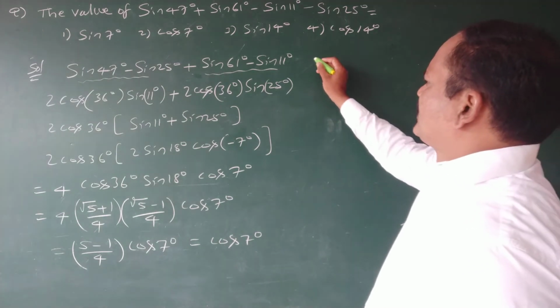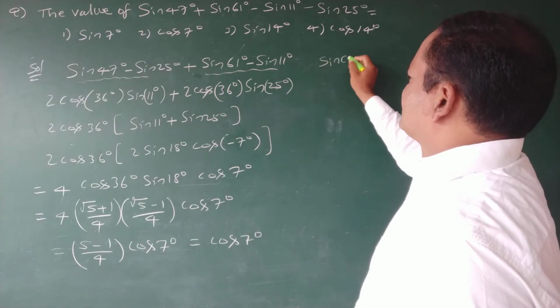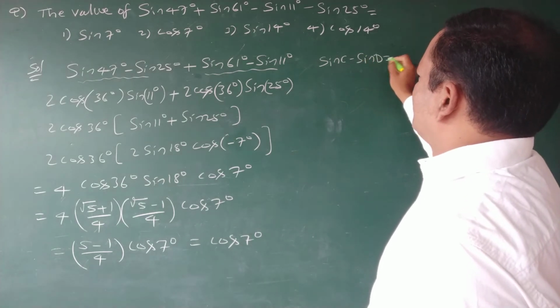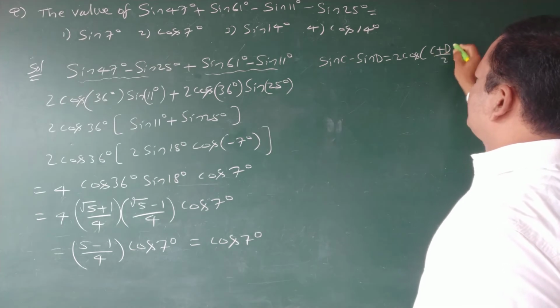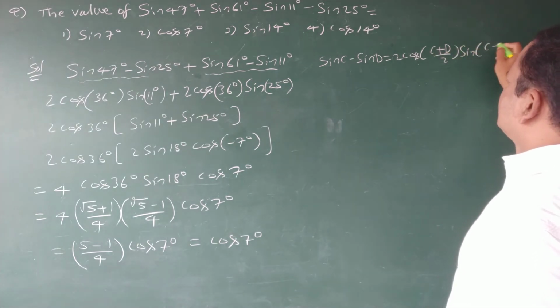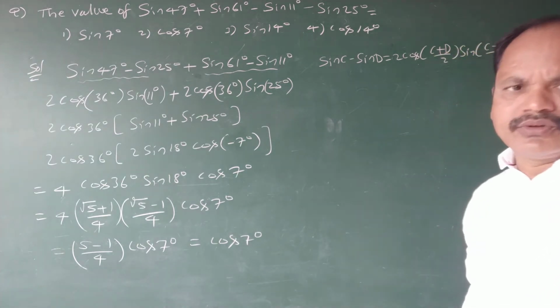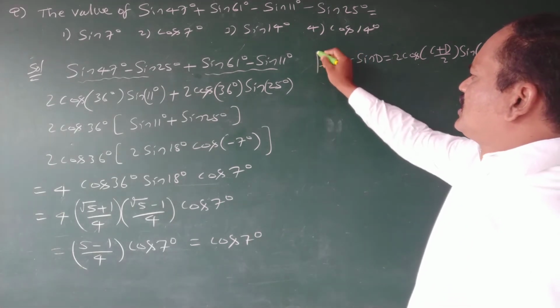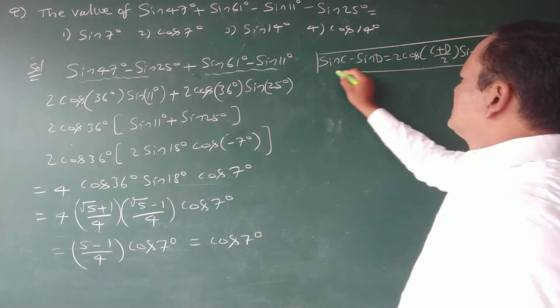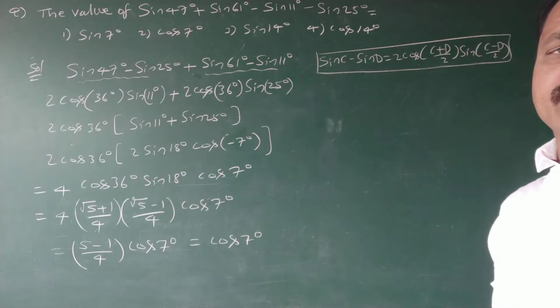Now we apply the sin C minus sin D formula, that is 2 cos (C plus D) by 2 sin (C minus D) by 2.